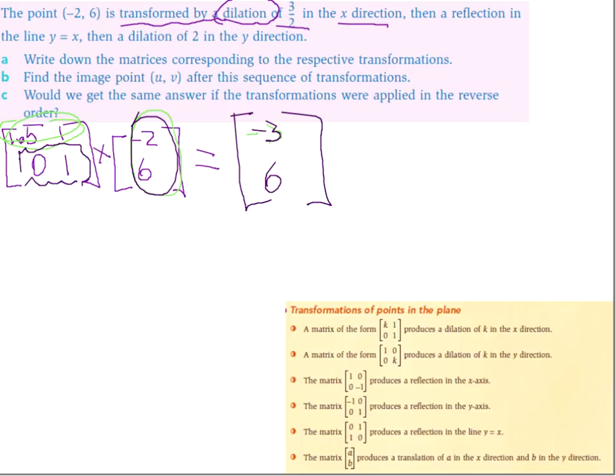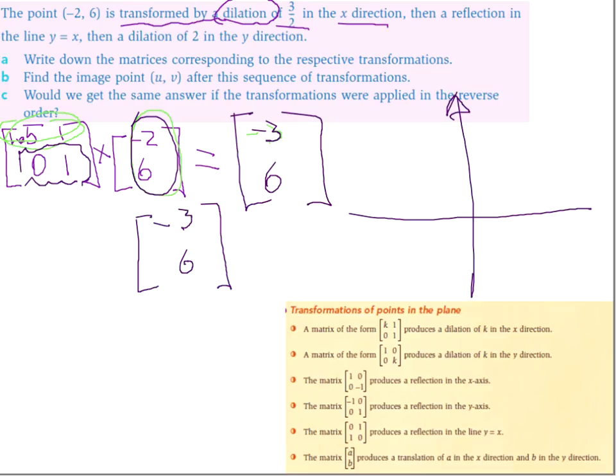Okay, so we've done the first transformation. So what we do now, we take our answer, negative 3 and 6. Let's check what happened here on the plane. So we had negative 2, 6.